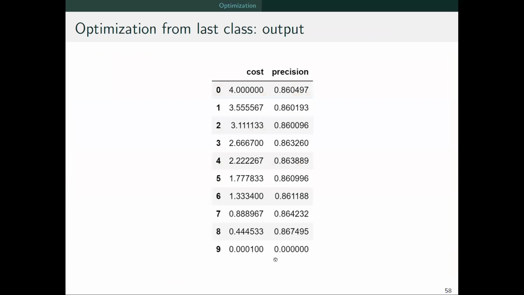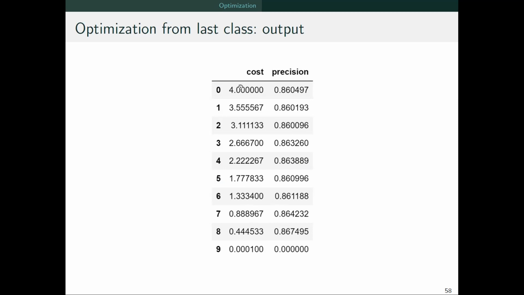I just stuck them all together and got something like this. So all these different cost parameters, remember this is C, which is the inverse of regularization strength. It looks generally like models that are extremely regularized, this one, are very bad. This probably just obliterates all the coefficients, and it's just a straight line. I'm still surprised that's 0, but okay.